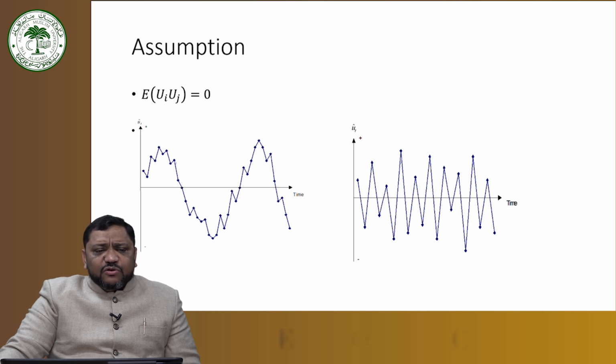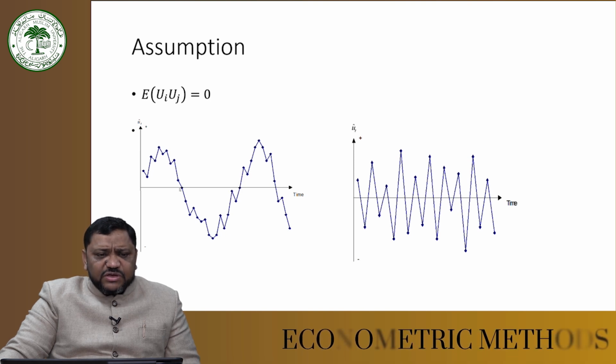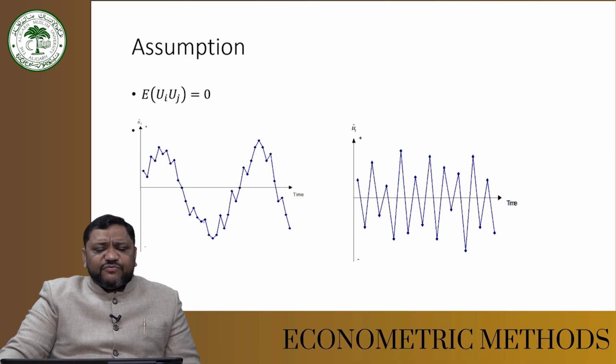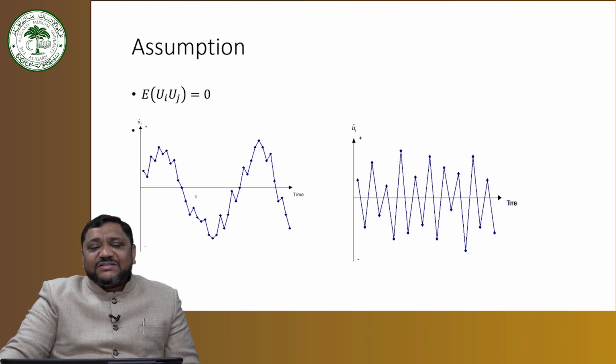The positive error terms are associated with positive error terms, and negative values are followed by negative values. Then again positive values are followed by positive values of the error term. So there is a systematic pattern. This assumption is violated.